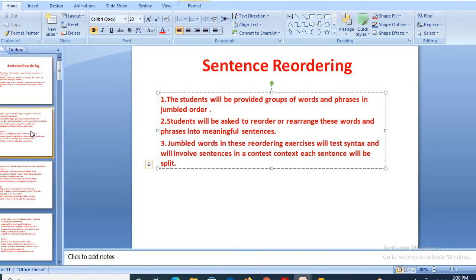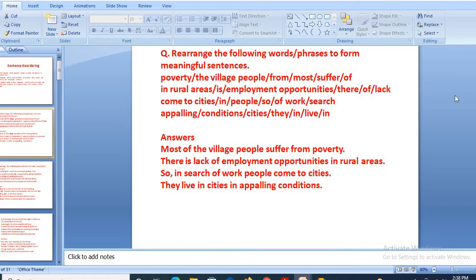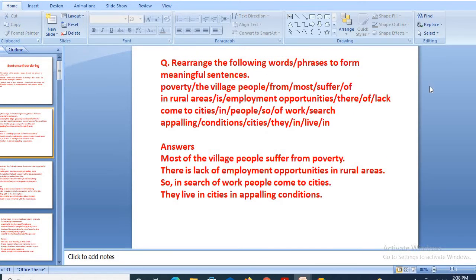Now let me show you another slide. I hope the slide is visible and I hope you can see it properly. Remember, whether 2 questions will be given or 4 questions are given, it is basically very much interconnected with one another. Here the 4 questions that are being given are all very much related with the rural people settling in the urban areas, and what are the problems they are facing, employment opportunities and all this.